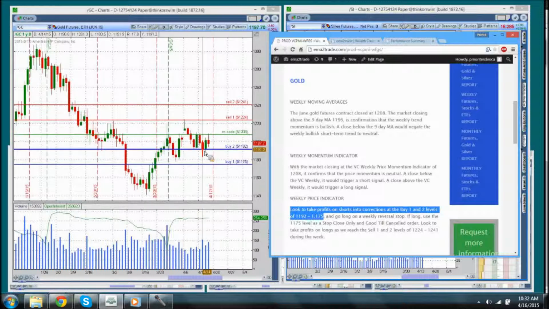So on this day, the market closed pretty much at 1192, triggering the buy signal and activating the stop at 1192.